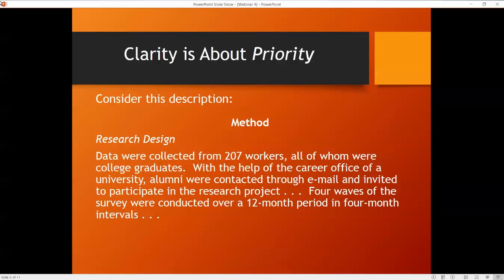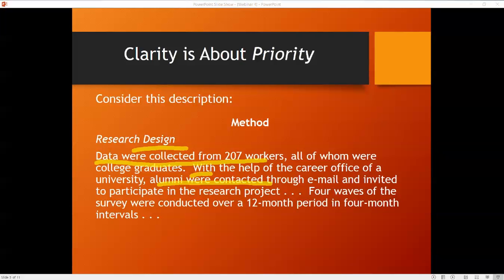Let me just use my highlighter here. So we have here: the data were collected from 207 workers, all of whom are college graduates. That doesn't really matter structurally at the moment. With the help of the career office of a university, alumni were contacted, data were collected. See, you have these action words: were contacted, were collected. These are verbs. That's a method that says what was done.